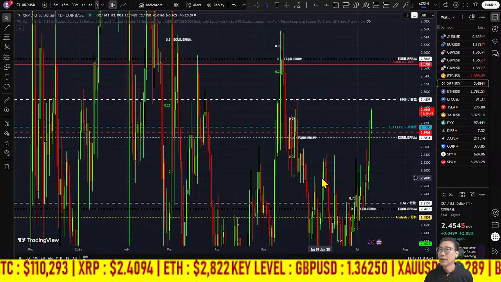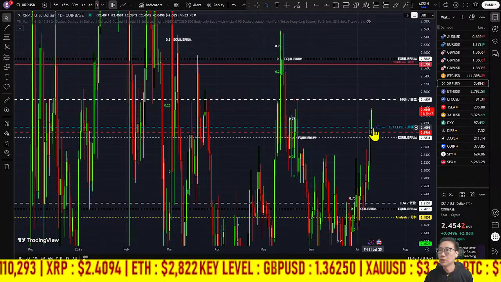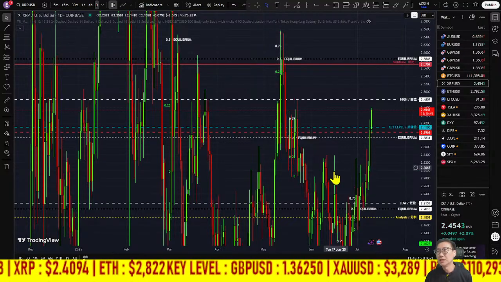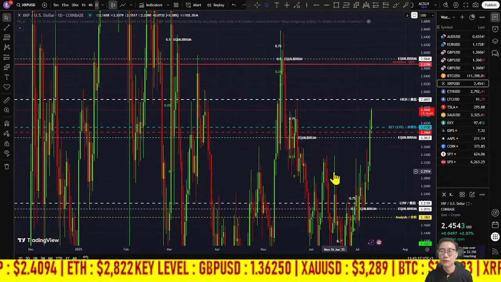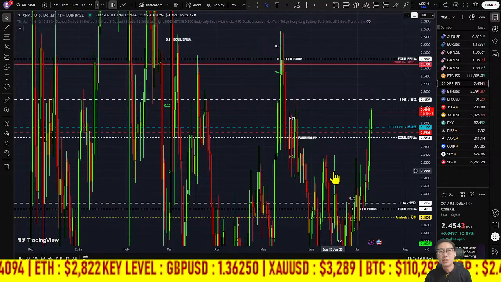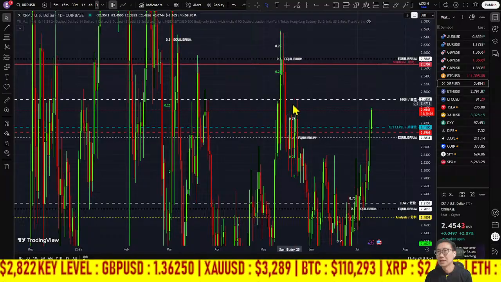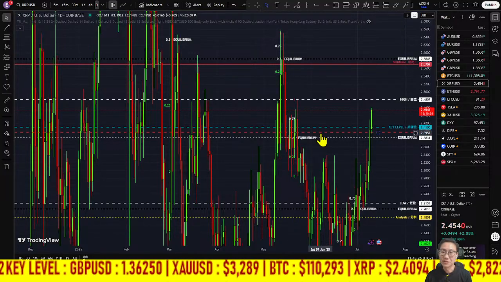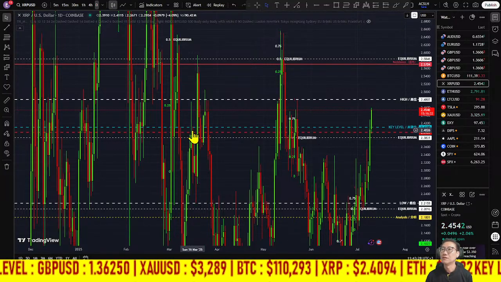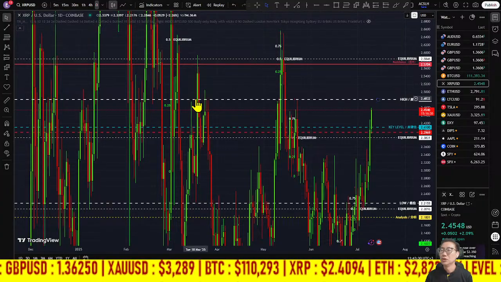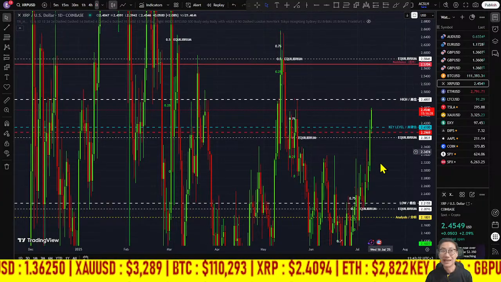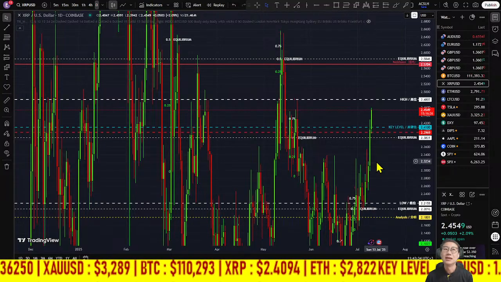Then if the price is going to hold above these key levels, as I see it's 241 here, then very likely I'm going to see 248. As of now it's 245, so we still have a little bit more to go to match up with 248.